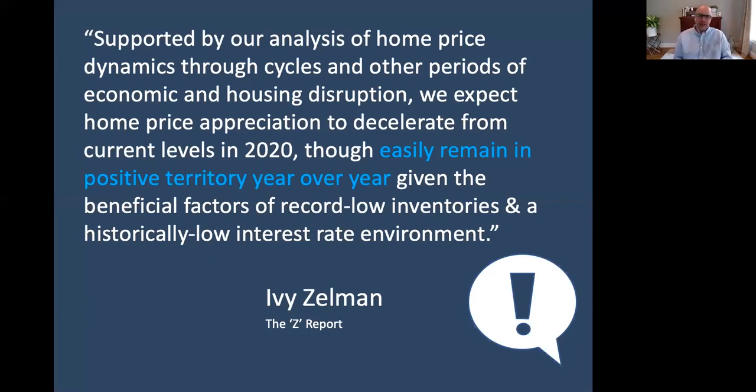Supported by our analysis of home price dynamics through cycles and other periods of economic and housing disruption, we expect home price appreciation to decelerate from current levels in 2020, though easily remain in positive territory year over year. So deceleration, but remaining positive, not depreciation. And given the beneficial factors of record low inventories in a historically low interest rate environment, we see a positive market. And so what I wanted to talk about there is we see deceleration of appreciation, but not depreciation.